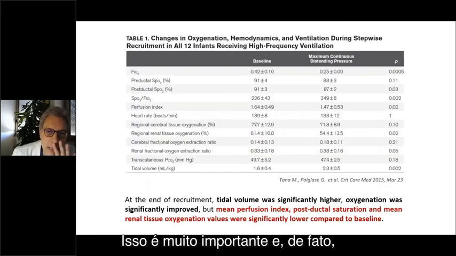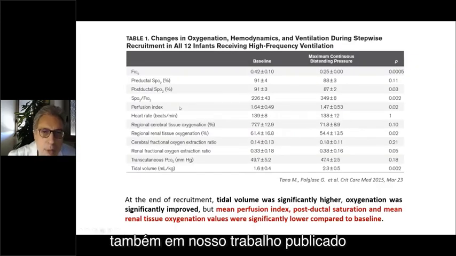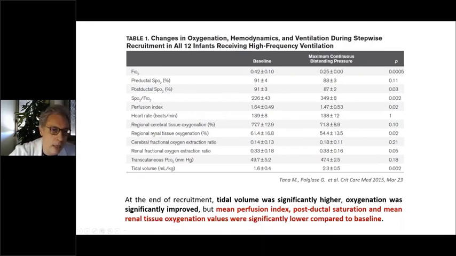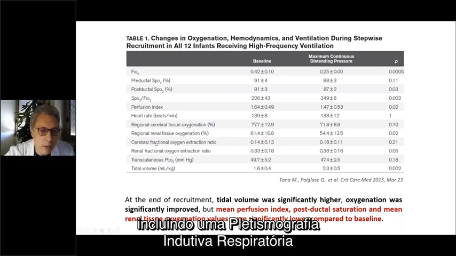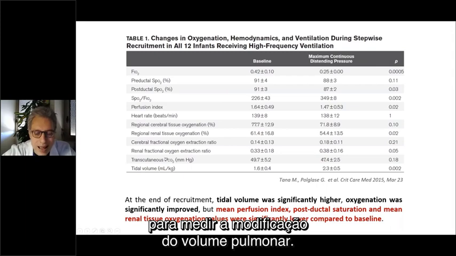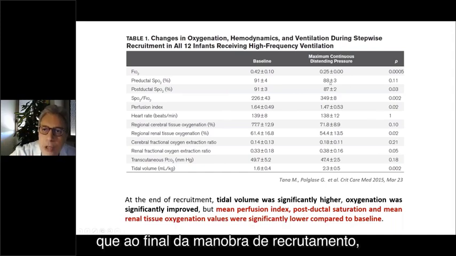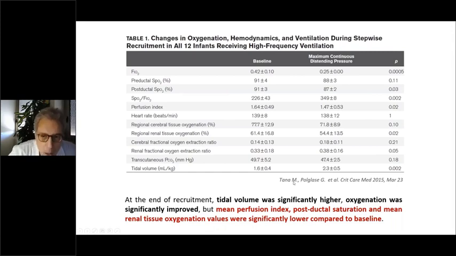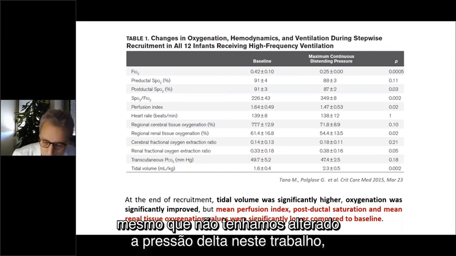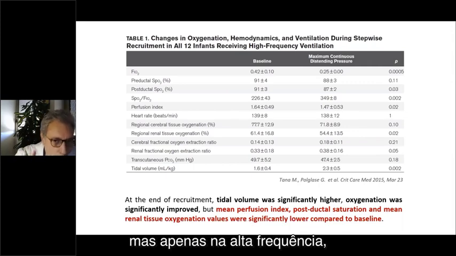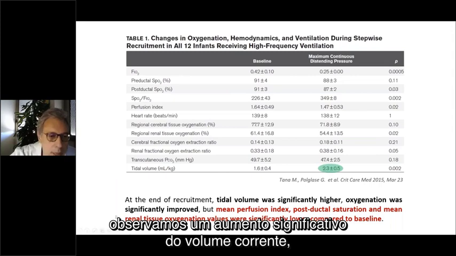This is very important. And in effect, also in our work, published some years ago, in which we measured all these parameters, including respiratory inductive plethysmography to measure the lung volume modification secondary to a recruitment maneuver, we observed that at the end of the recruitment maneuver, even if we did not change delta pressure, in this work we don't use high frequency plus volume guarantee, but only high frequency, we observed a significant increase in tidal volume.